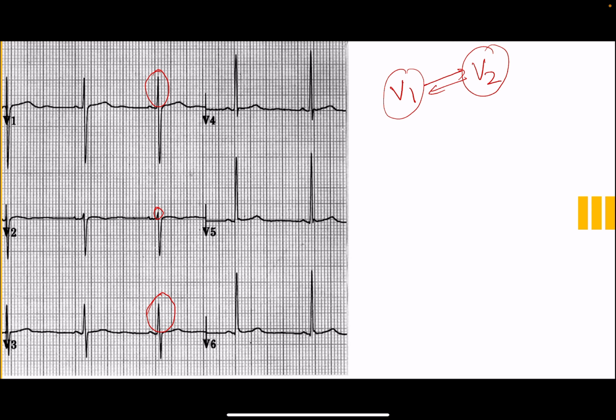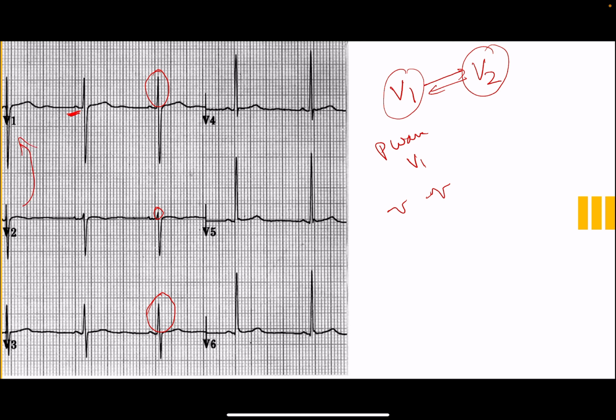One more thing you should identify: the P wave in lead V1 is either a negative wave or it may be a biphasic wave. But here it is a positive wave, so that is also an indication that lead V2 is reversed with V1.